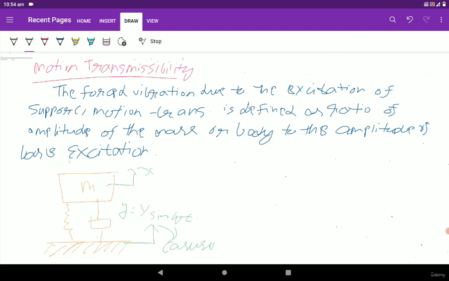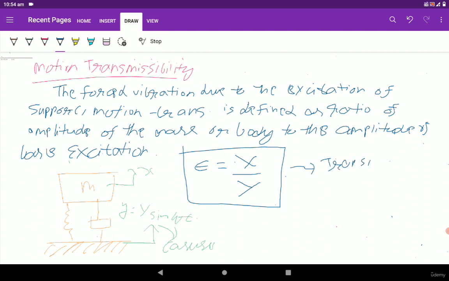So we can define the motion transmissibility as the ratio of x upon y. Sorry, this is y here. So this is called transmissibility or transmission ratio.